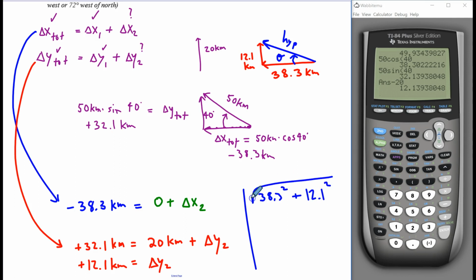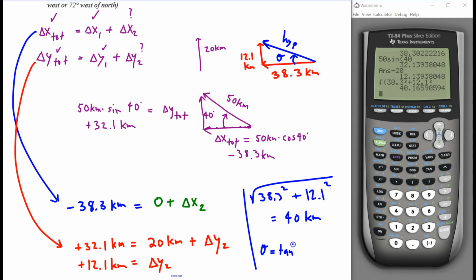We have to square root it to get the hypotenuse alone. 38.3 squared, I drop all negatives because I know they're going to go away anyway. If I square a value, it becomes positive. And this equals 40 kilometers.